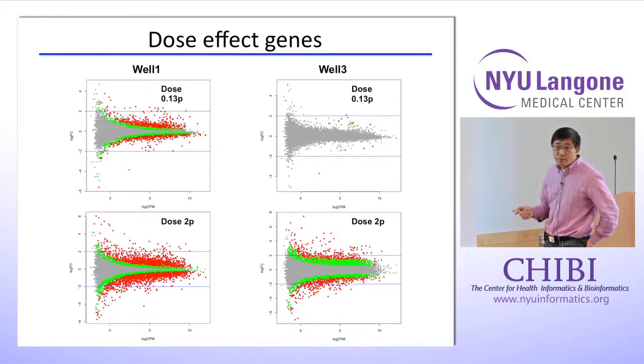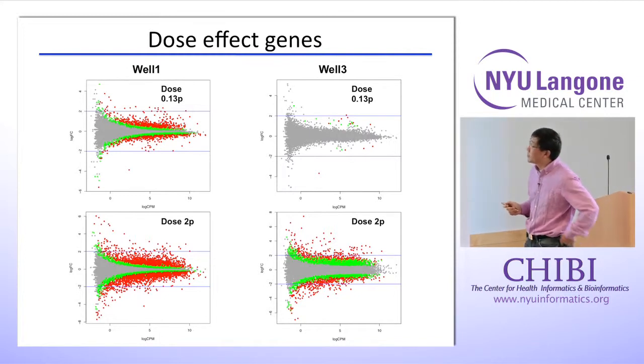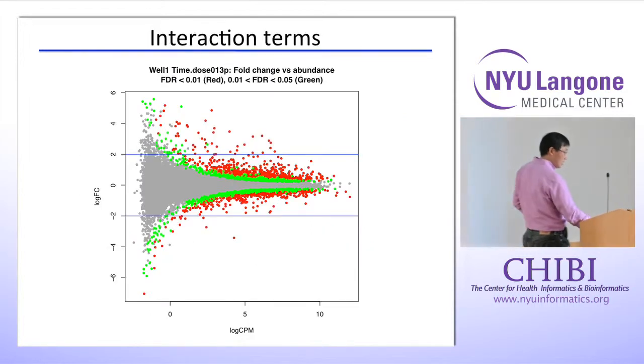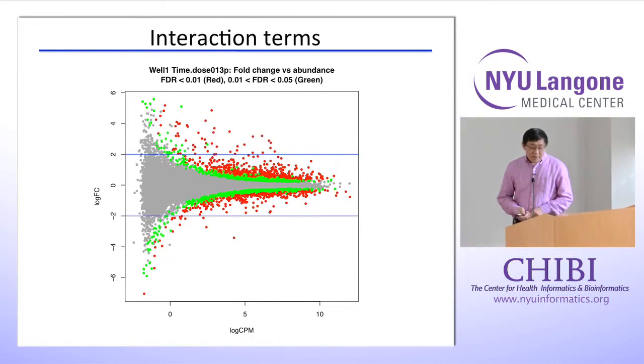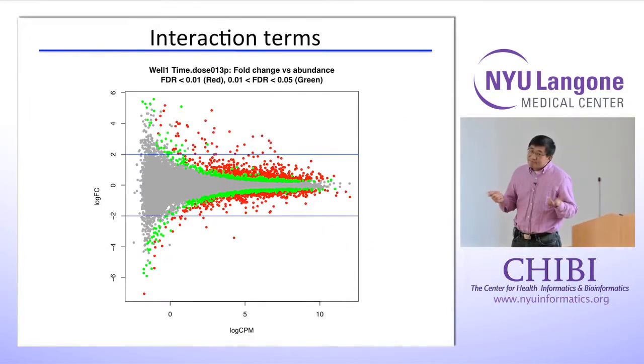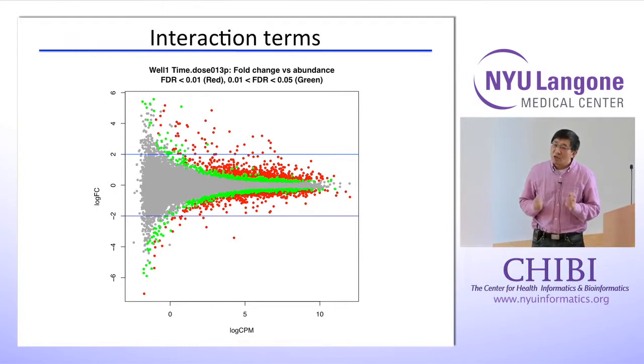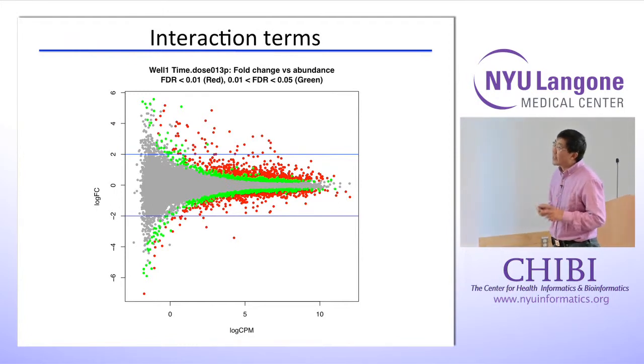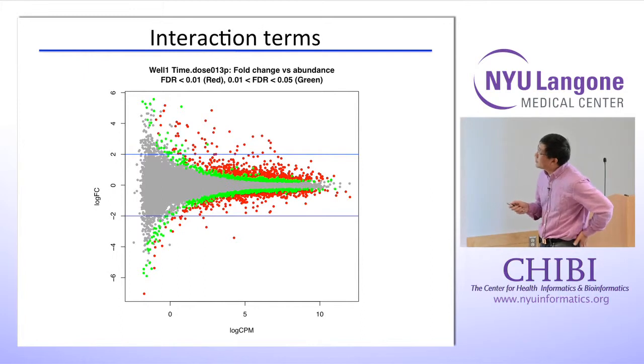It gets many more differentially expressed genes. And also the number of genes changes quite dramatically along this dose. This is a lower dose, this is a high dose. So this is interaction related genes, what I call accumulated dose effect genes.